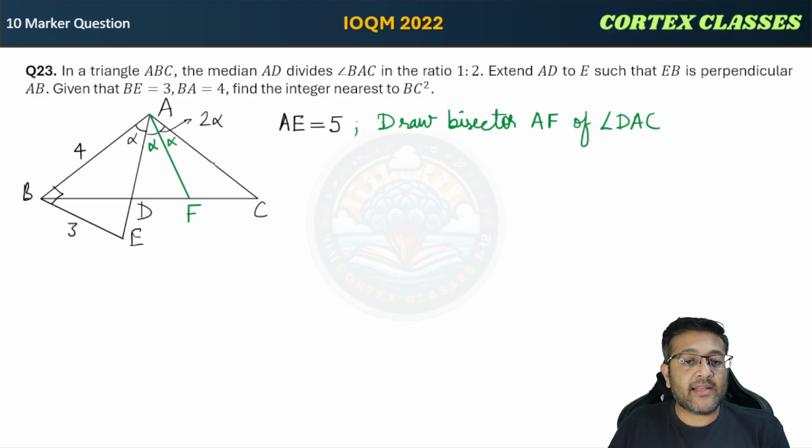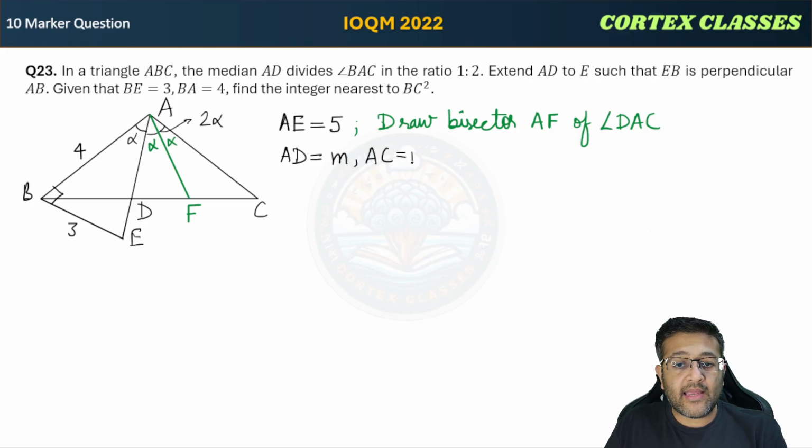Now let's do one thing, guys. We will use the angle bisector theorem. So we can assume that AD is m and AC is n, let's say. These are the lengths. So if these are m and n, let's name it m, this is n. So by the angle bisector theorem, what does it state?